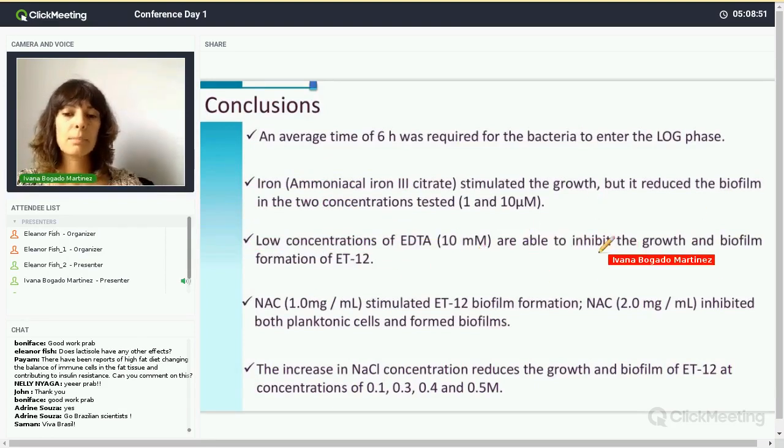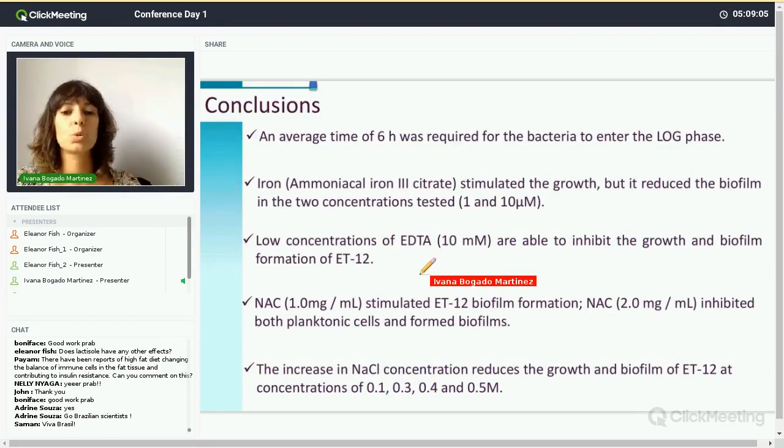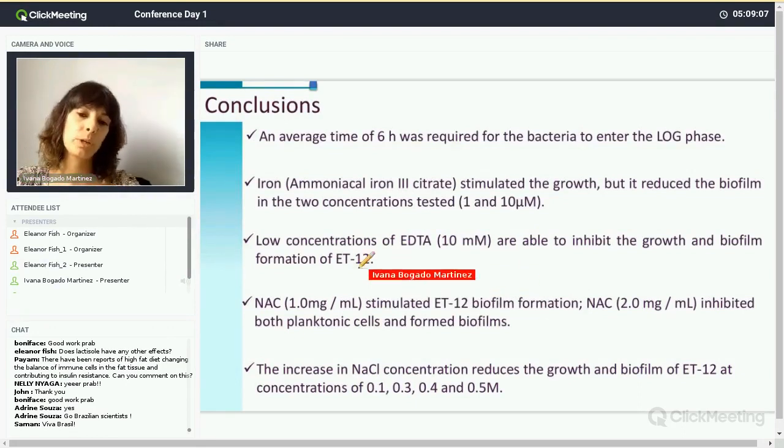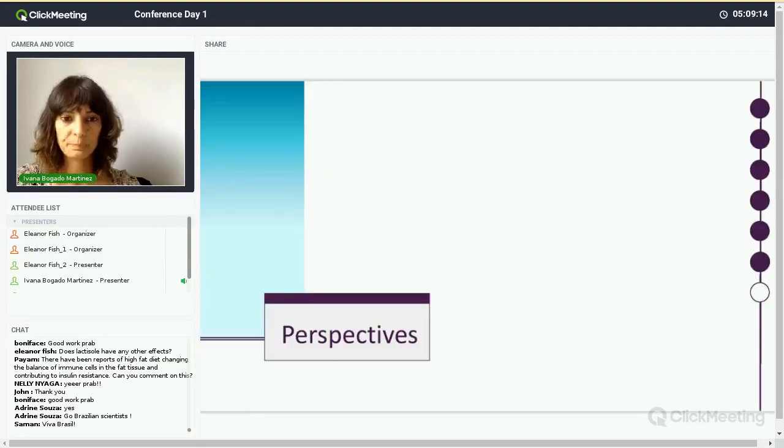And about the biofilm, we could only find 2 conditions with a higher expression of this virulence factor relative to the reference condition, the Luria-Bertani group.